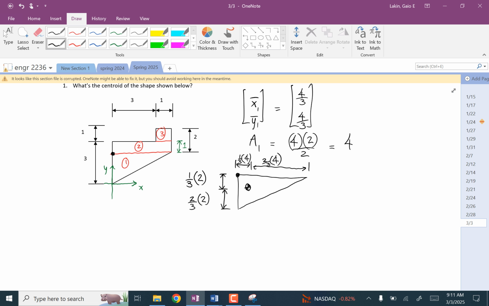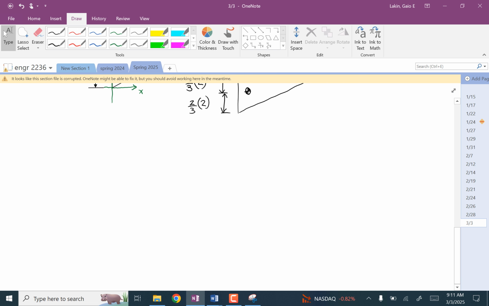Okay, so let's get into it. We're getting pretty close to being able to do rigid body kinetics.